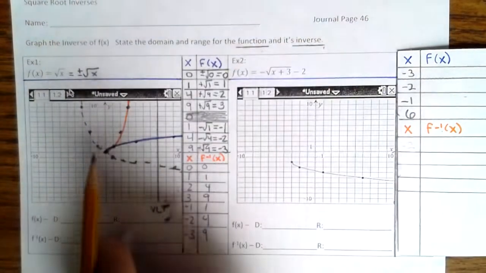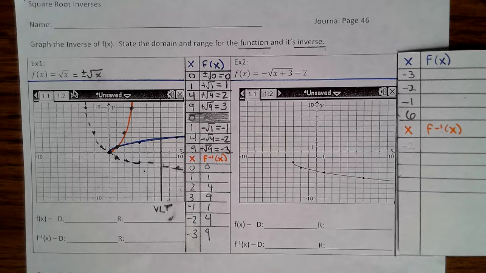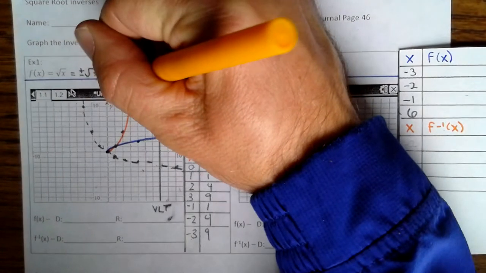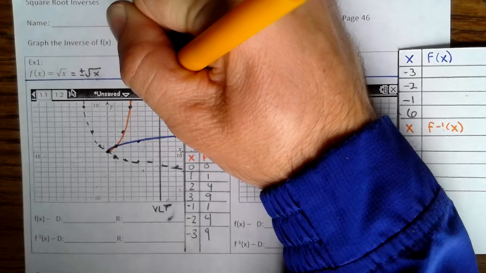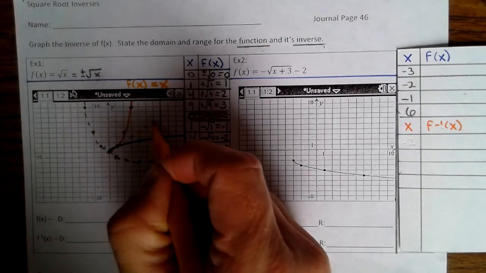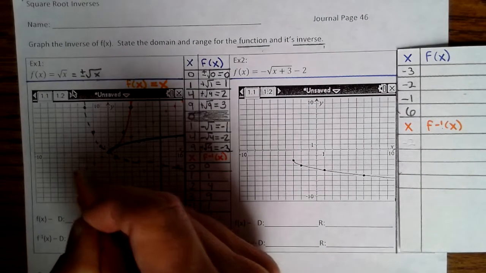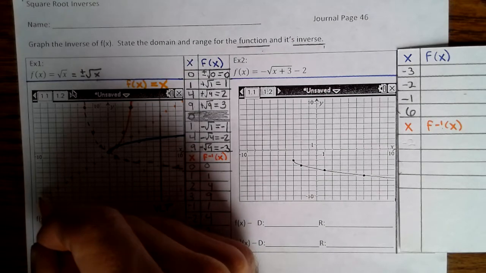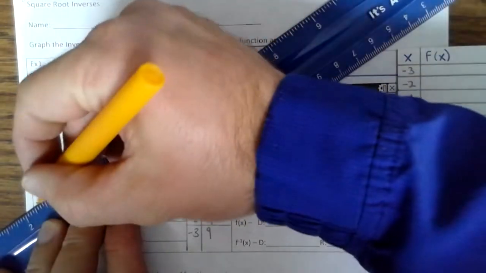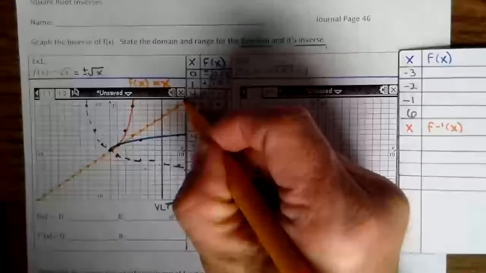Now, if they're inverses, they're going to reflect over the f of x equals x line, which is (0, 0), (1, 1), (2, 2), (3, 3), and so on, through (10, 10) and (-1, -1), (-2, -2), (-3, -3). If these are inverses, they're going to reflect over that line, which you can see that they do.